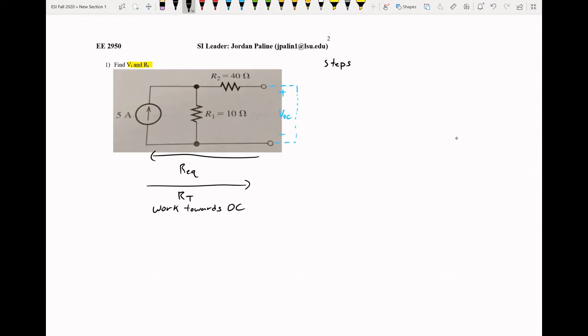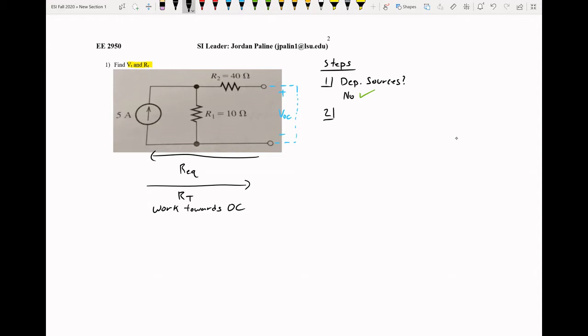Step number 1 is: are there any dependent sources? And take a look. I don't see any diamonds in there, so you say no. So we can move on to step 2 now.